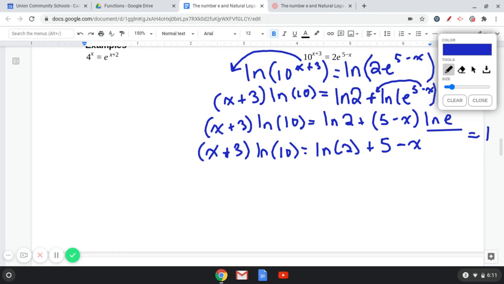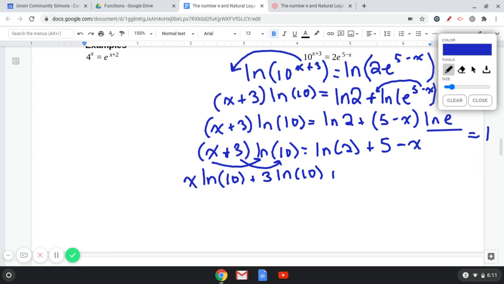All right, now let's get all the x terms on one side. So what we're going to do is add x to both sides. I'm also going to distribute here. So I'm going to do x times natural log of 10 and then 3 times natural log of 10. So we're going to end up with x times the natural log of 10 plus 3 times the natural log of 10.